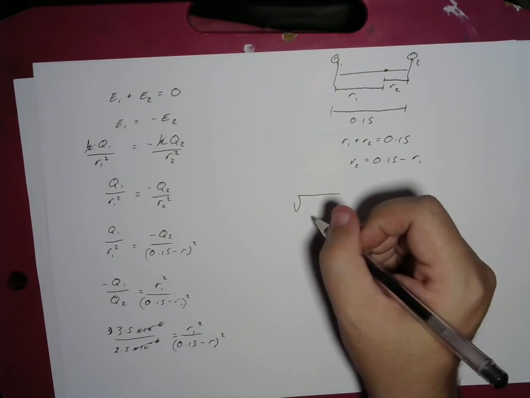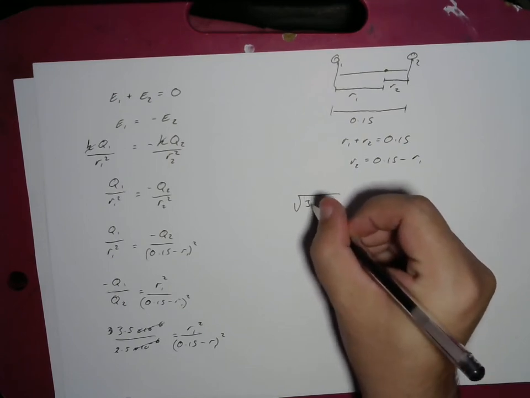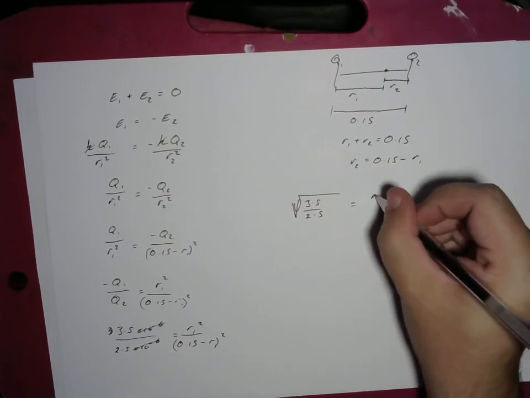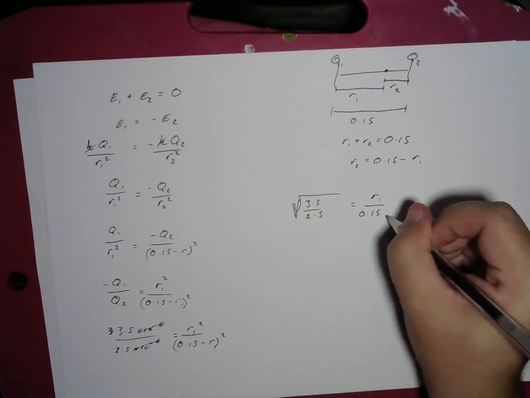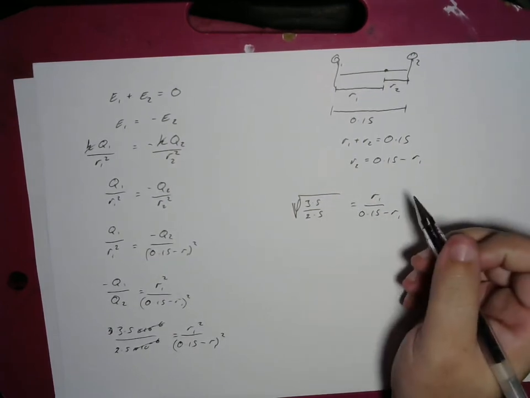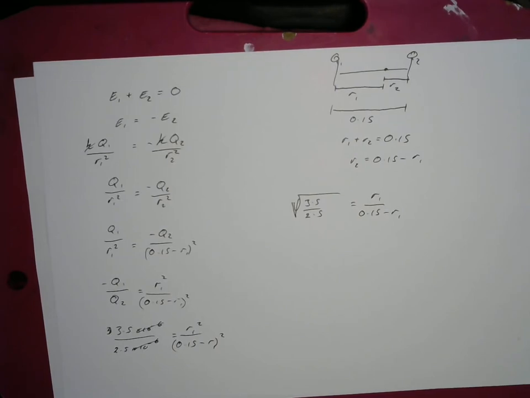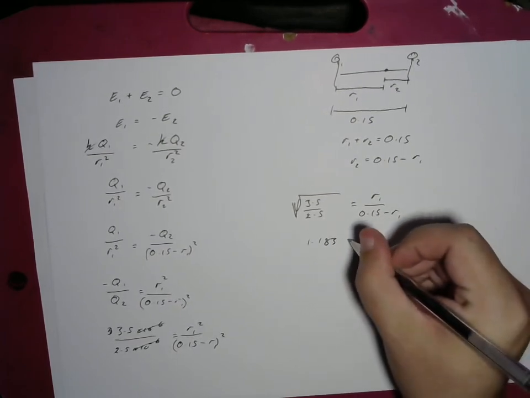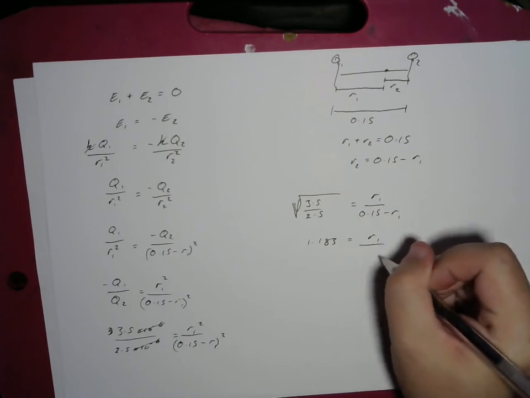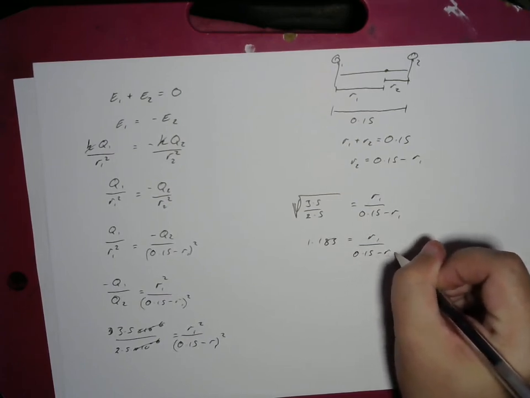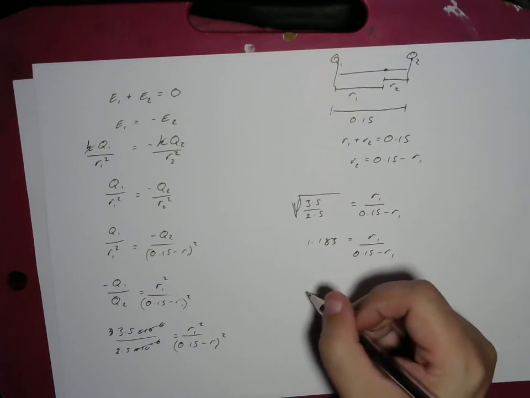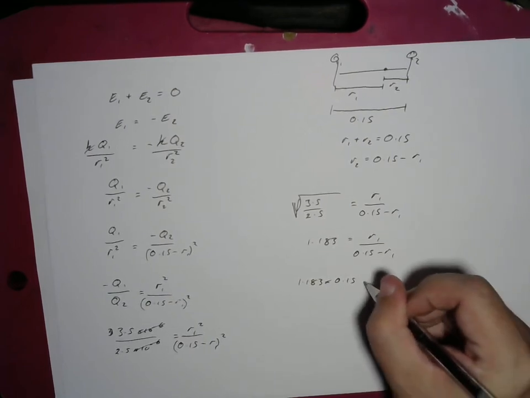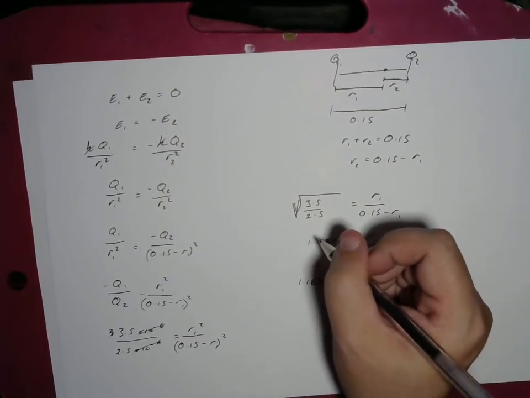So we're going to have the square root of 3.5 over 2.5 equals R1 over 0.15 take R1. 3.5 over 2.5 is 7 over 5. Square root of that, 1.183, equals R1 over 0.15 take R1. Multiply that over, we get 1.183 times 0.15.